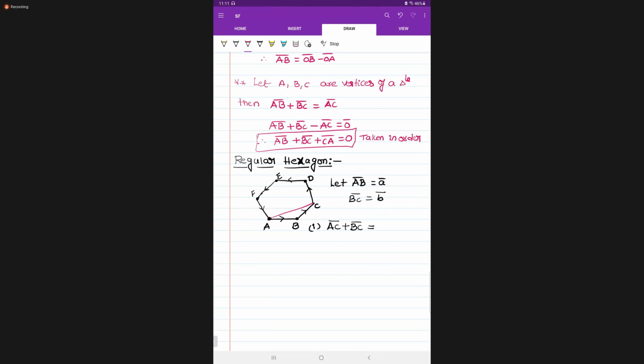AB bar plus BC bar. What is the answer? AC bar plus BC bar is equal to AB bar plus BC bar, A bar plus AC bar. You can write it as?